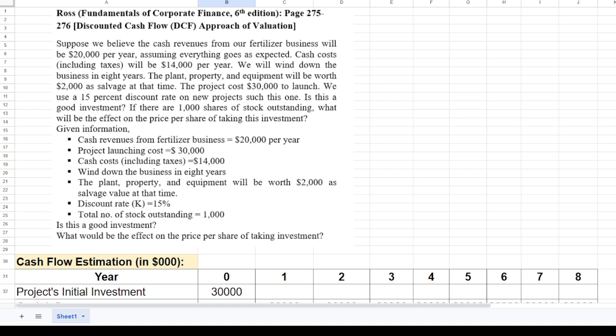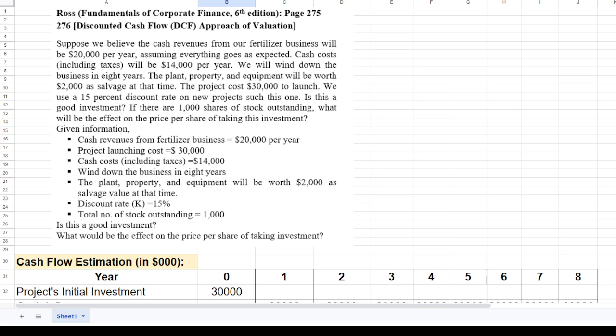In this question, suppose we believe that cash revenue from our fertilizer business will be $20,000 per year, and assuming everything goes as expected, cash cost including the taxes is $14,000 per year, and we will wind down the business in 8 years. That is, the life of this project is 8 years, and this project costs $30,000 to launch.